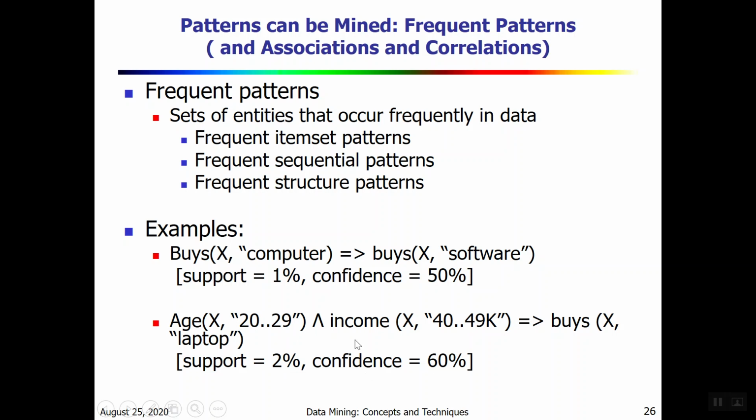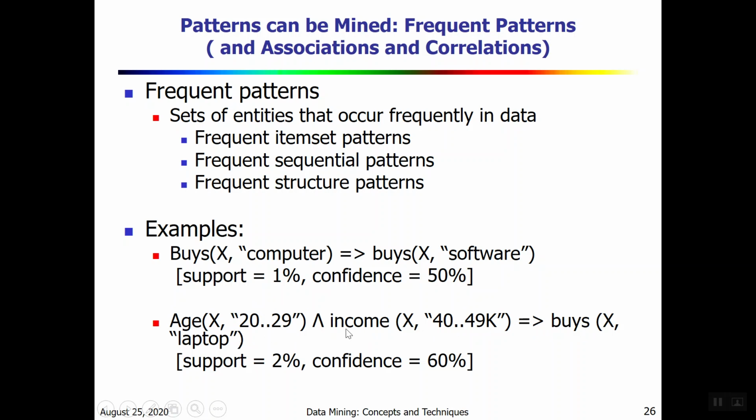The confidence says among all the customers who have this age range and this income range, there is a 60% chance to buy a laptop. So 60% of all the people fitting this set of criteria end up buying a laptop.